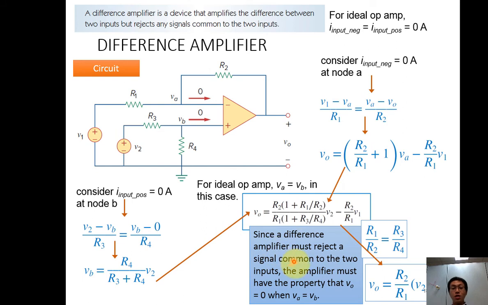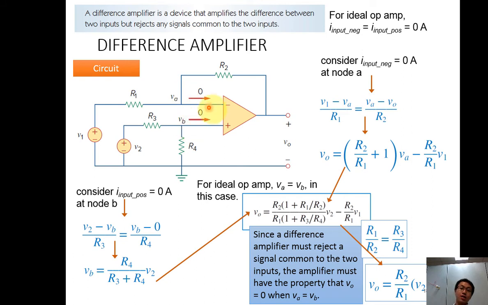Since a difference amplifier must reject a signal common to the two inputs, the special property of this amplifier is that when the inputs are the same, it must be rejected. So the amplifier must have the property that Vout will be 0 if VA and VB are the same.